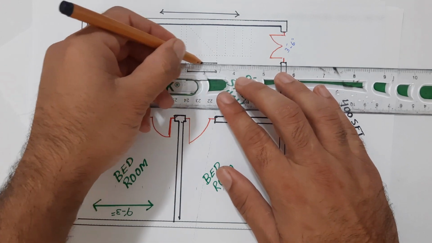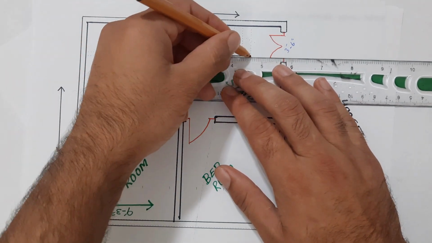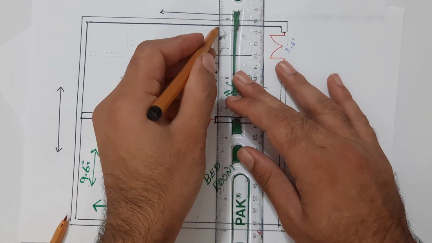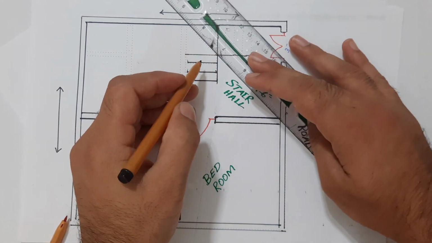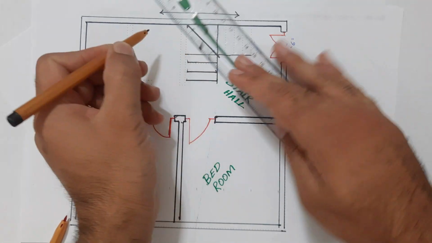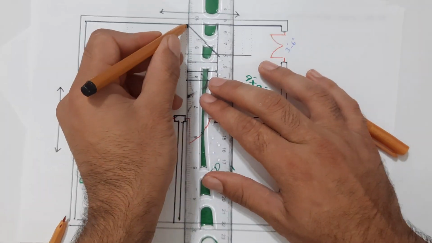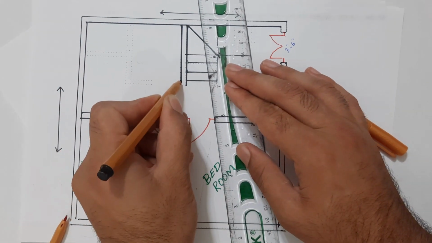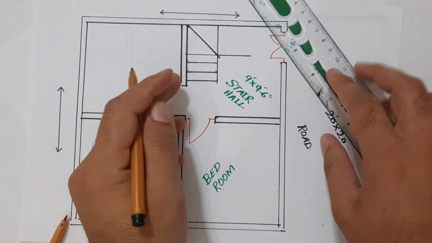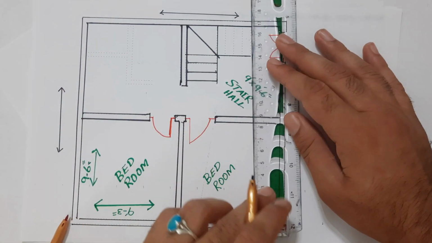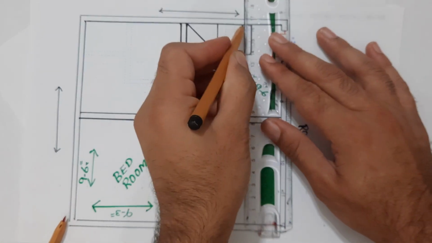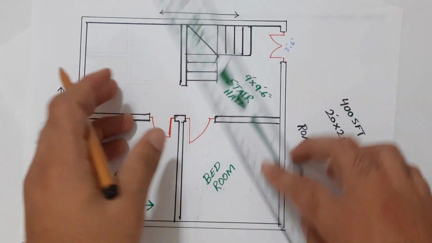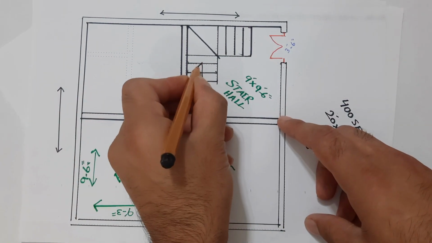This is a stair for first floor, which width is 3 feet. So this is for first floor, this is here up.